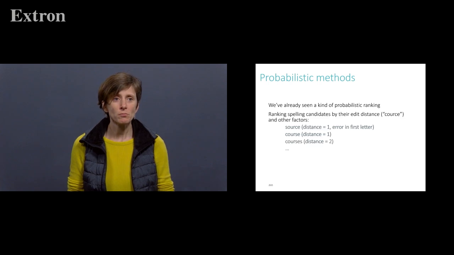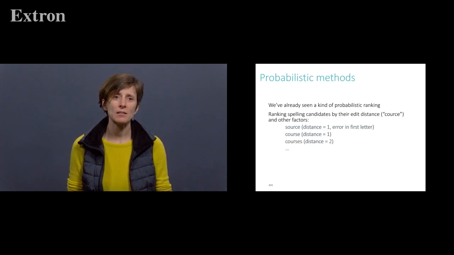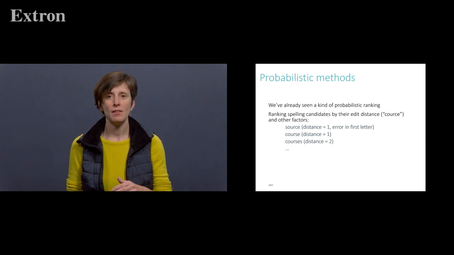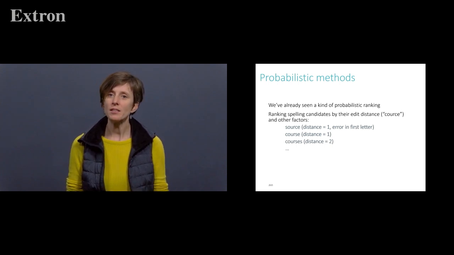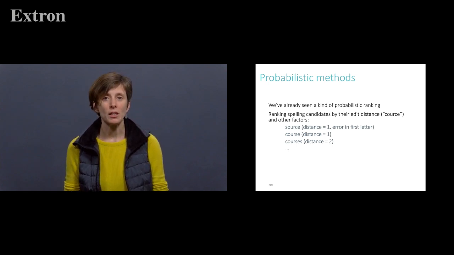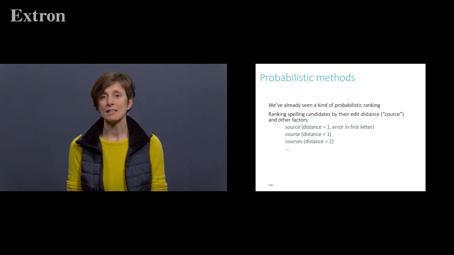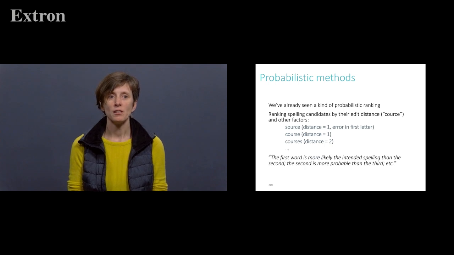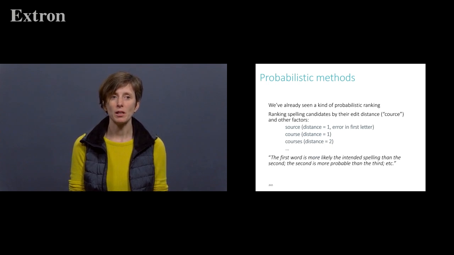So if you rank your spelling candidates only by their edit distance, and you put the 1 edit distance words first, and then the words that are 2 edit distance away, and then 3, and then 4, that is a kind of probabilistic ranking, because you are saying probably the words that are only 1 edit distance away are most likely what the person intended to spell. So that is a kind of probability.